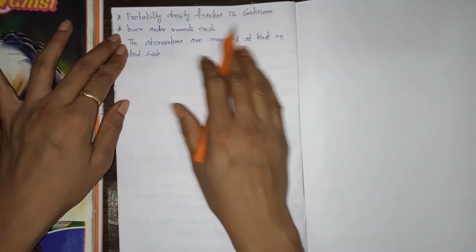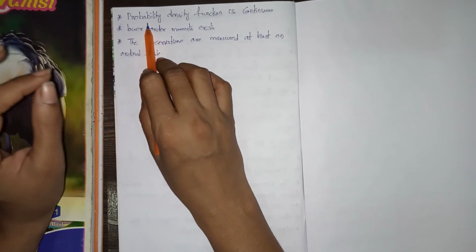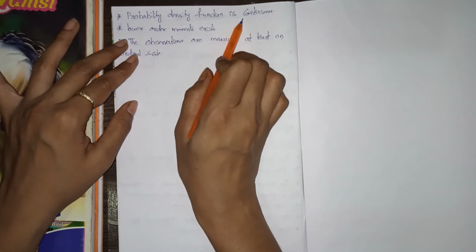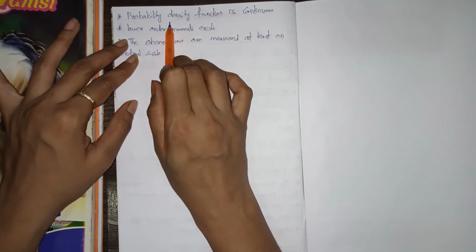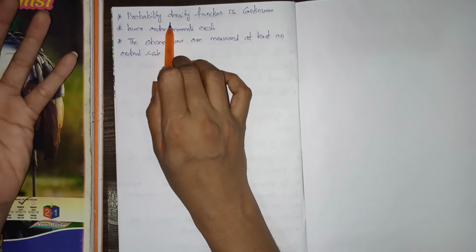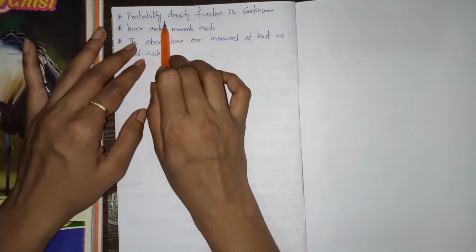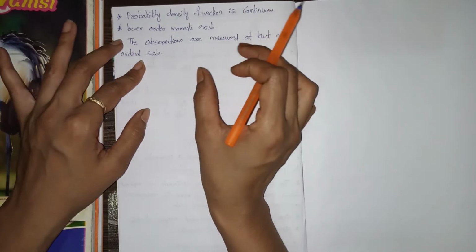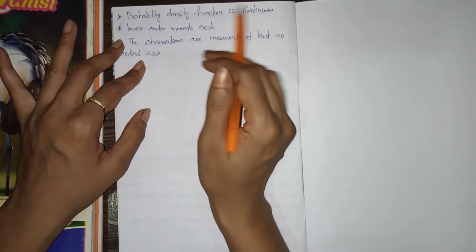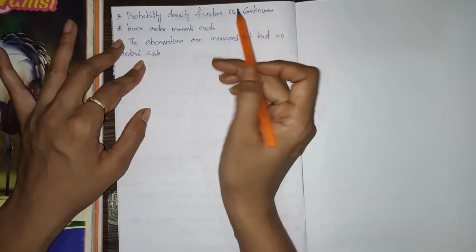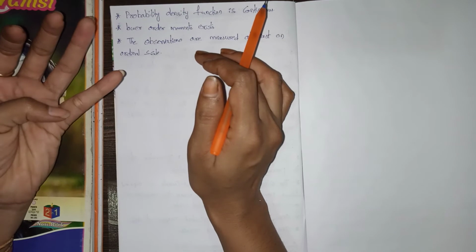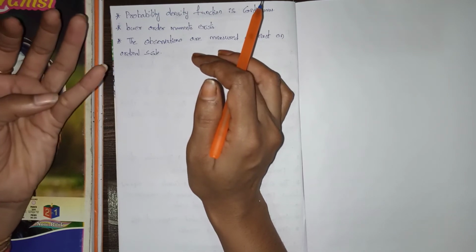The third point is, as we said, the observations under study are continuous. A continuous distribution will have probability density functions. Probability functions are of two types: probability density function and probability mass function.